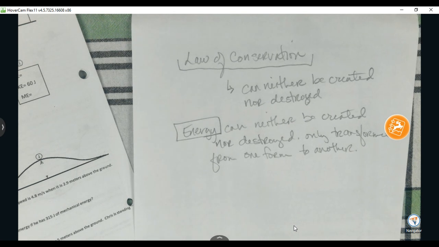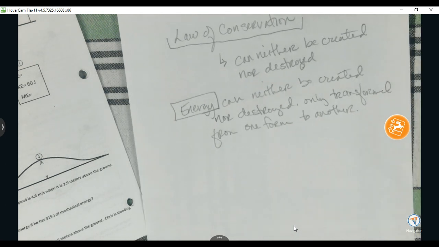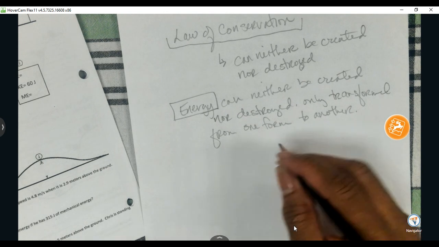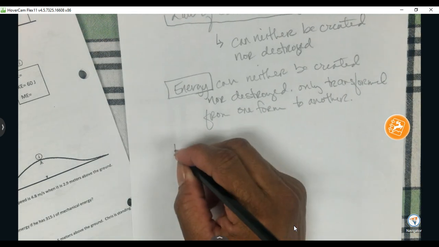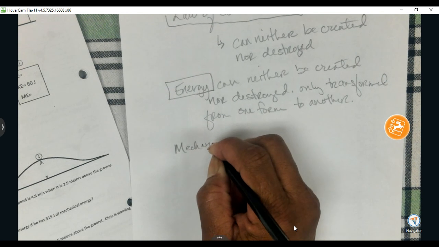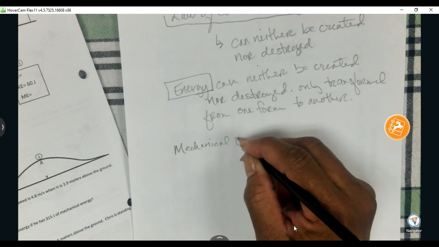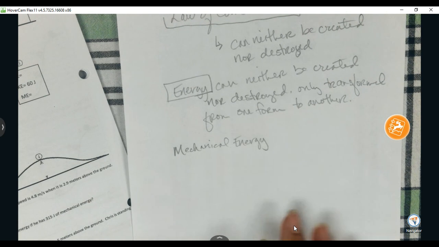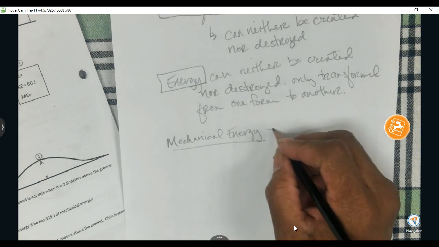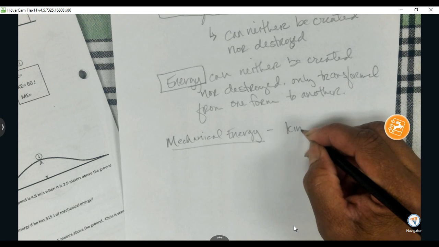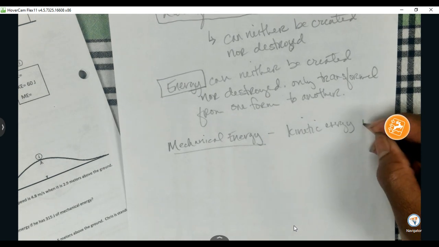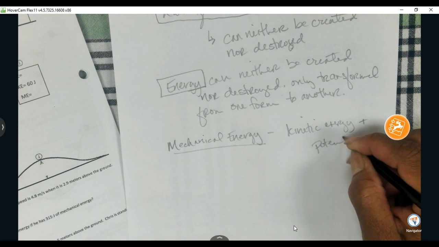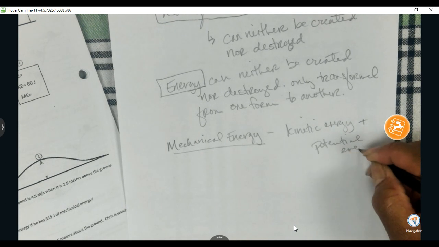So, if that's the case, then we looked at a particular type of energy today, which was mechanical energy. And mechanical energy was the sum of kinetic energy plus potential energy, both of which you explored yesterday in class.